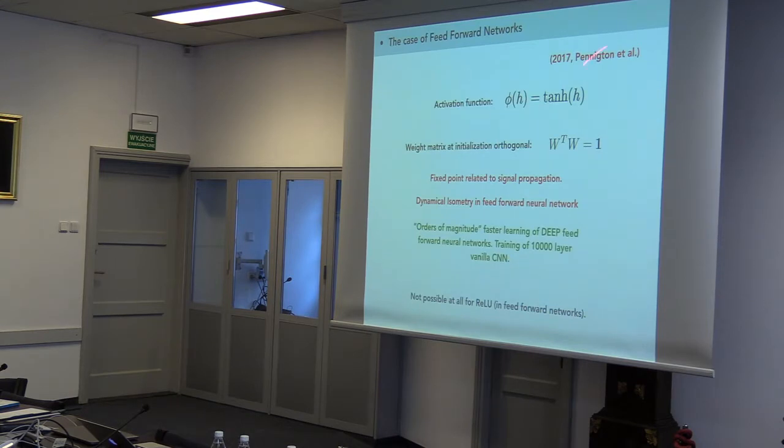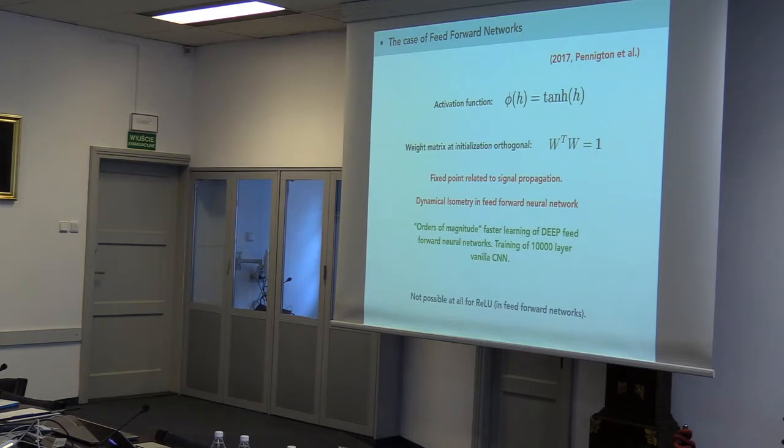And what Pennington and others did, they showed that for feedforward neural networks there is a very special case: when you have the activation function be a hyperbolic tangent, and the weight matrices initialized as orthogonal matrices with elements taken from the Gaussian distribution with a particularly set variance and mean, then you actually can achieve this dynamical isometry in feedforward neural networks.